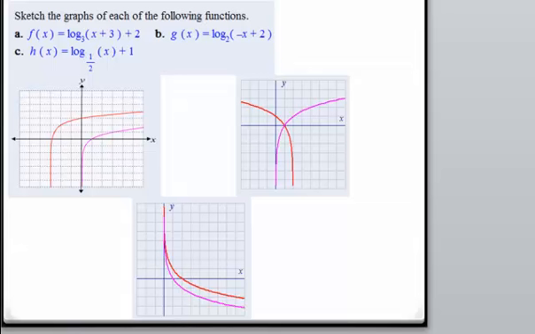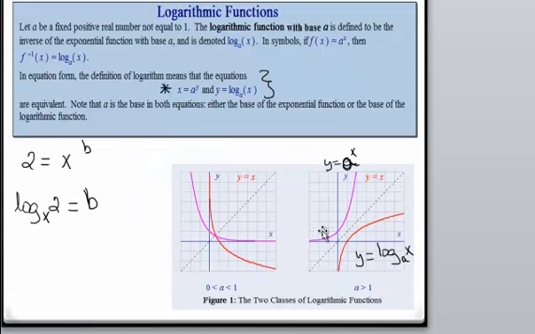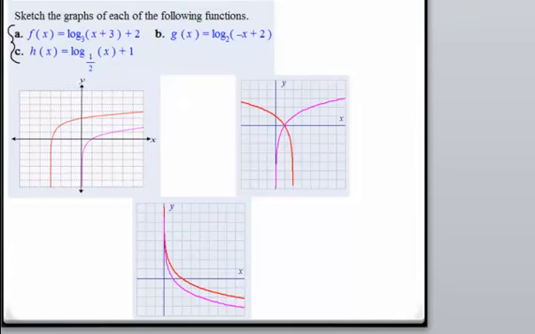So what we want to do is sketch each of these. And of course I've already included the graphs for us, but let's see how they work. We have log base 3 of x plus 3, plus 2. Well, if we just had log base 3 of x, what would that look like? Log base 3 of x would look something very similar to this one. Okay, so keep that in mind as we go to this page.